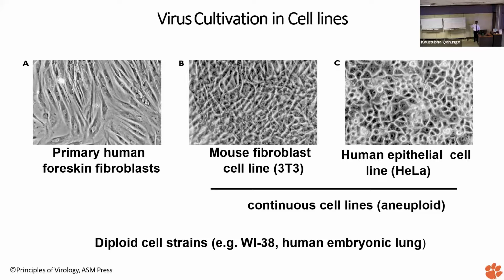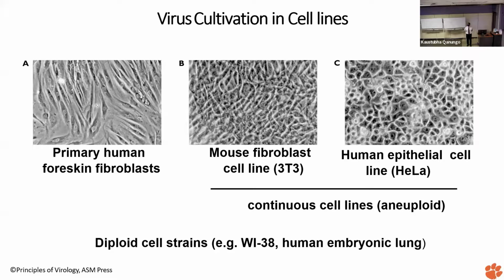So what is the problem with these continuous cell lines? The continuous cell lines are aneuploid, meaning their chromosome numbers are not normal. They do not have the diploid number of chromosomes. They may have something missing or something added, and they have a DNA sequence which may contain some oncogenic sequences.